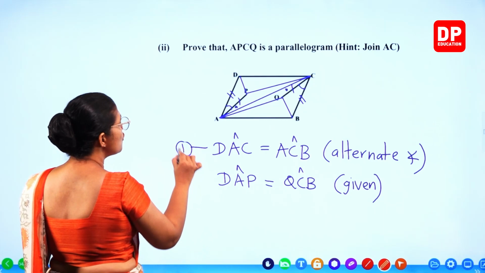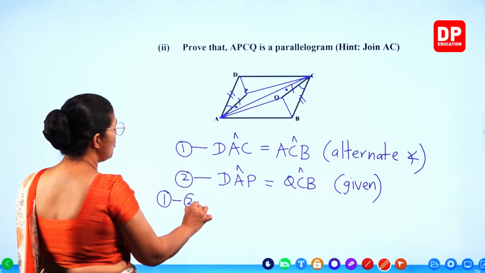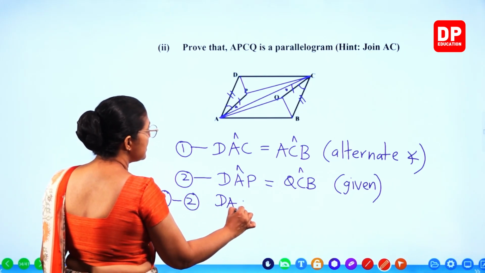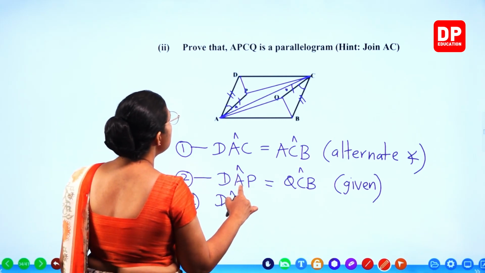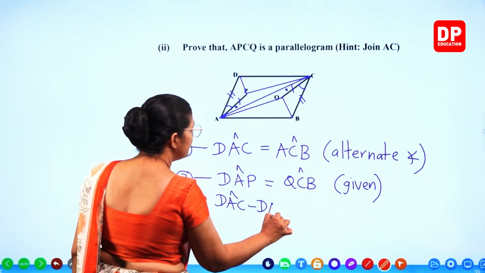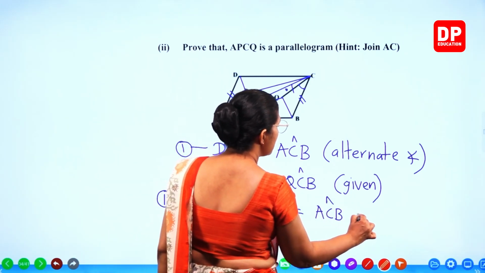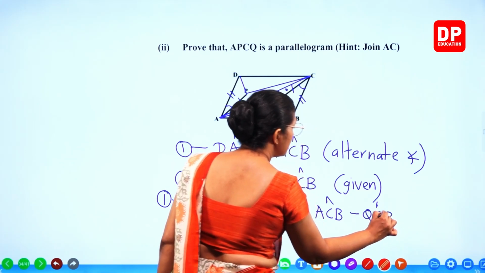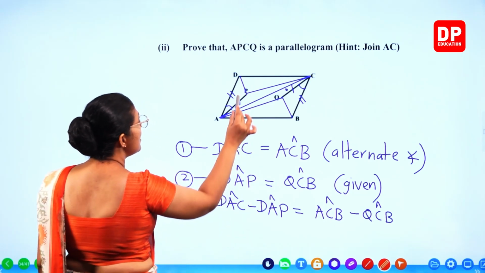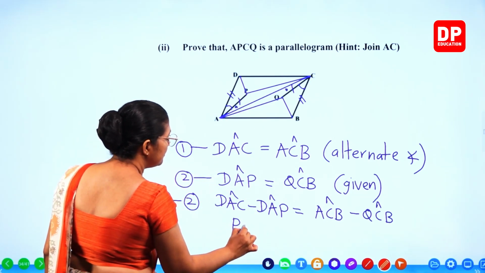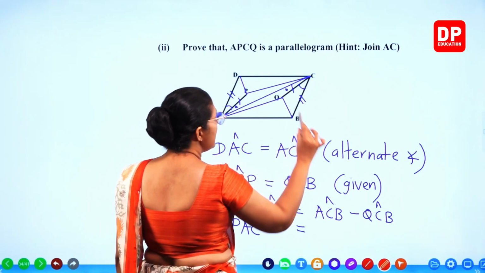Now subtract these two. What happens? When you subtract these two, angle DAC minus angle DAP becomes angle ACB minus angle QCB. When you subtract this one from this one, you get angle PAC is equal to angle ACQ.